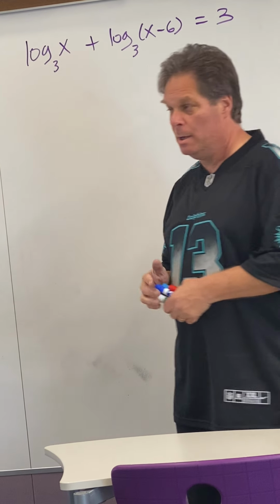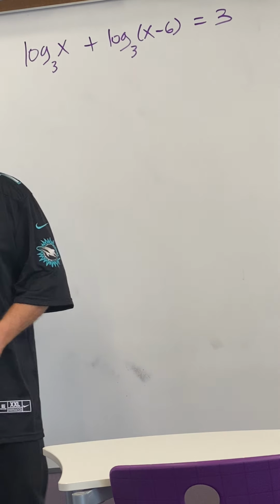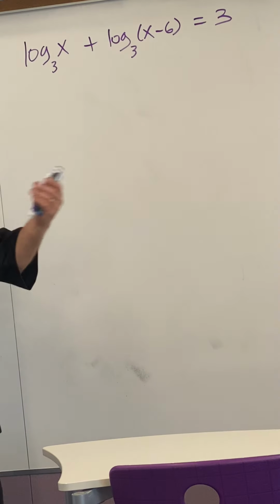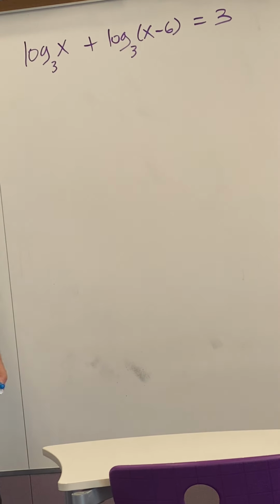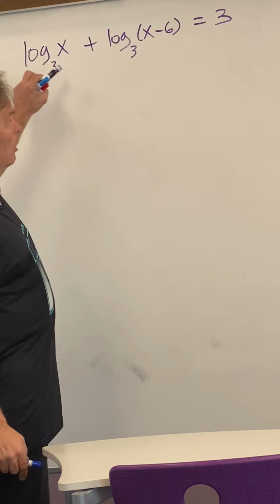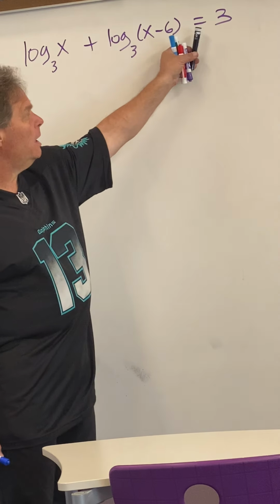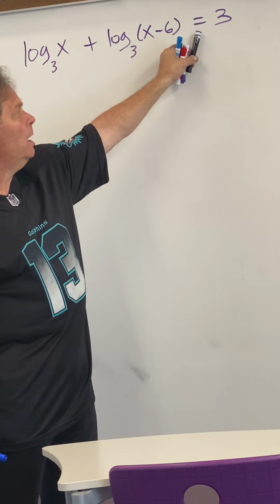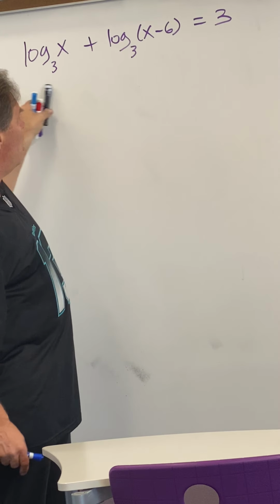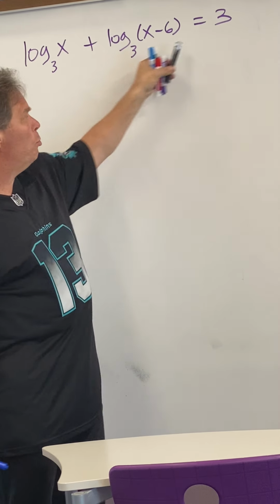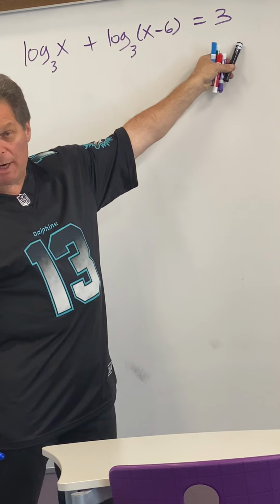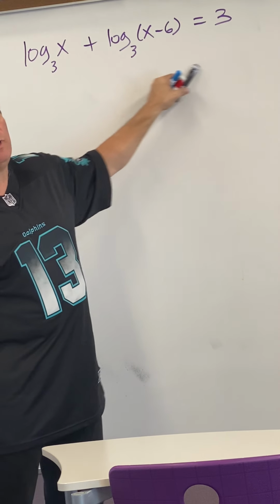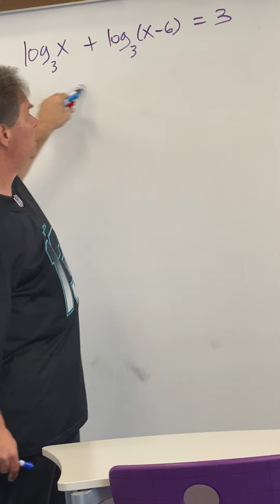Now, does this have logs on one side or both sides? If you look, you might say, well, there's 2. And I say, no, there's 2, but look, here's the equal sign. This equation has logs on this side, but not logs on this side. So this is the kind that just has it on one side, not both sides.